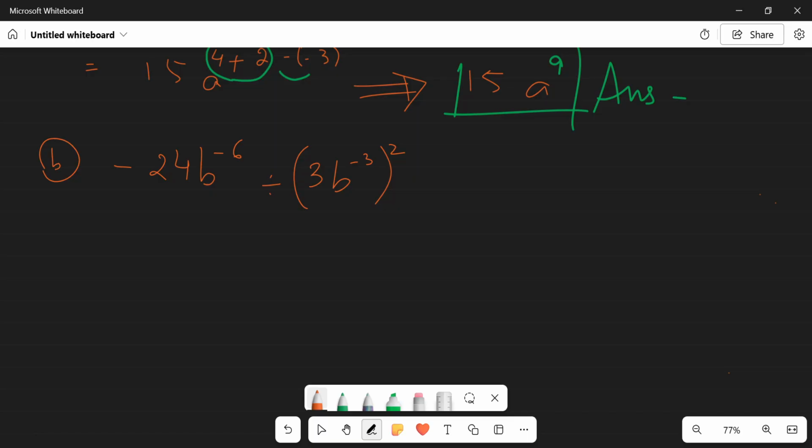Now, yes, students, what do we need to do here? First of all, we see here minus 24b, the power is negative 6, b to the power negative 6 here.